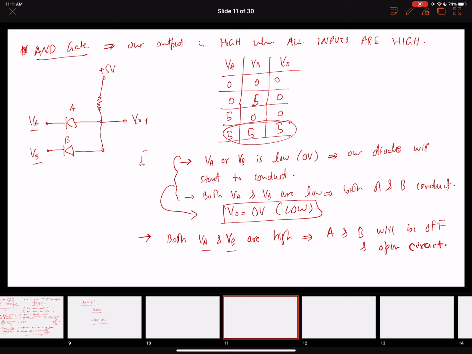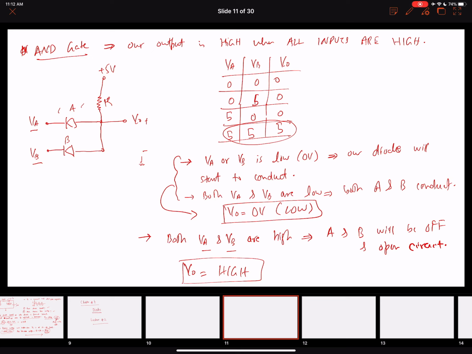And when these diodes become open circuit, this means that my V0 will become high, or close to 5 volts. Of course, there's a resistor attached over here as well, so there's going to be a potential drop here, but approximately equal to 5 volts, and that will become high. So this is how we can make the AND gate as well.